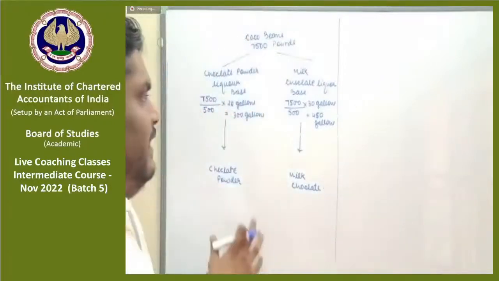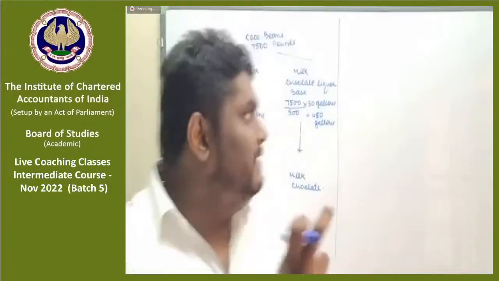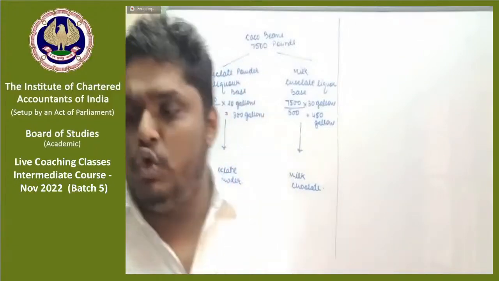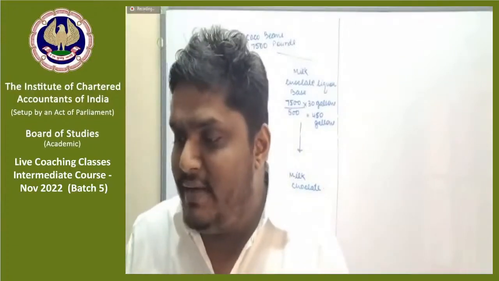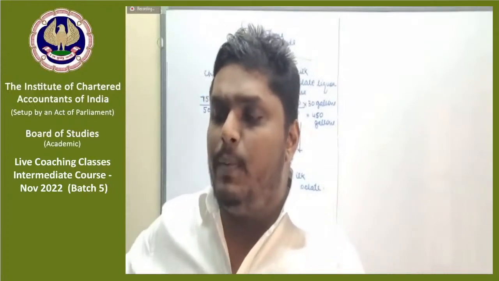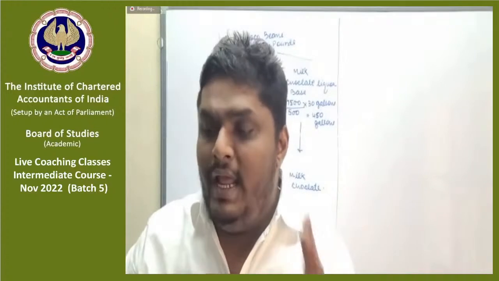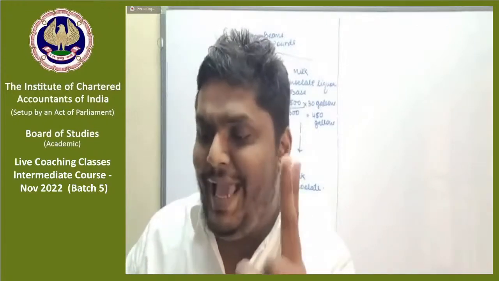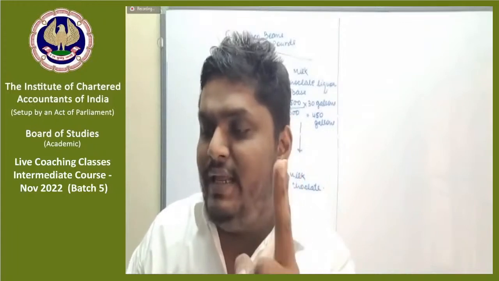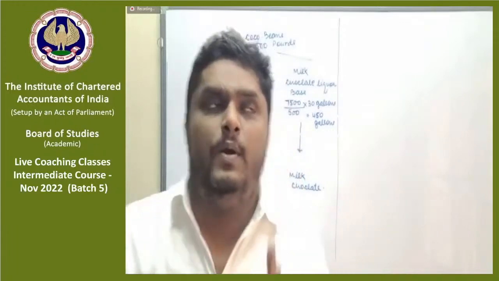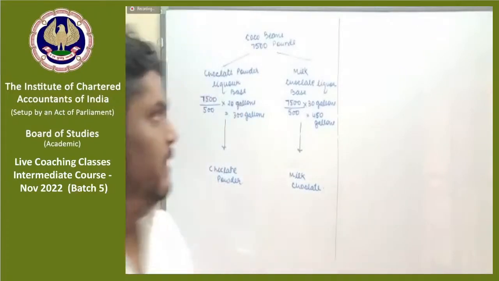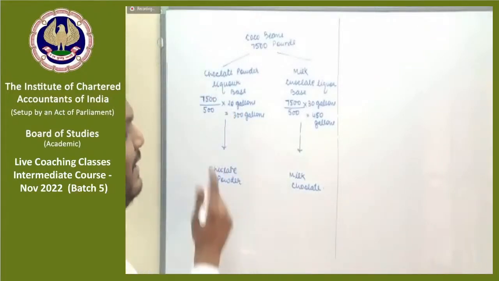Now further, it is given that this chocolate powder liquor base is converted into chocolate powder, and the details are given that every 20 gallons will yield 200 pounds of chocolate powder. See, we have a total of 300 gallons.